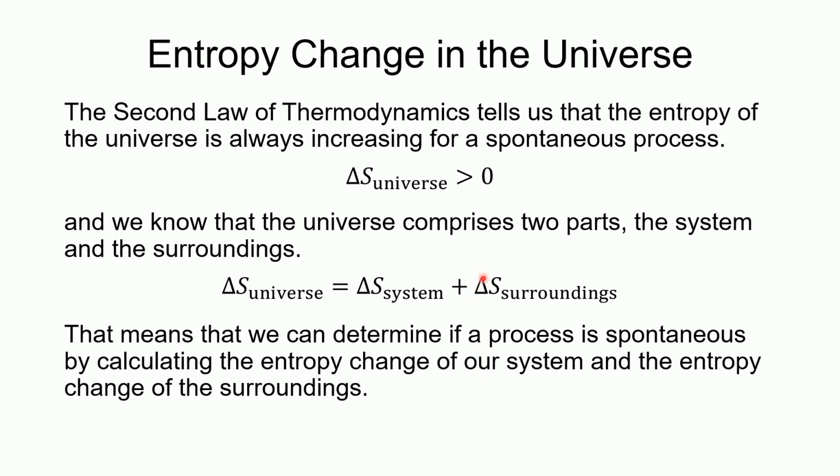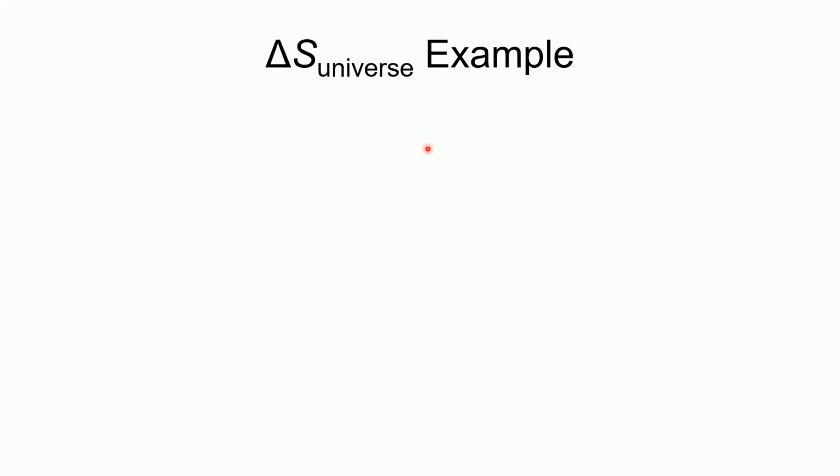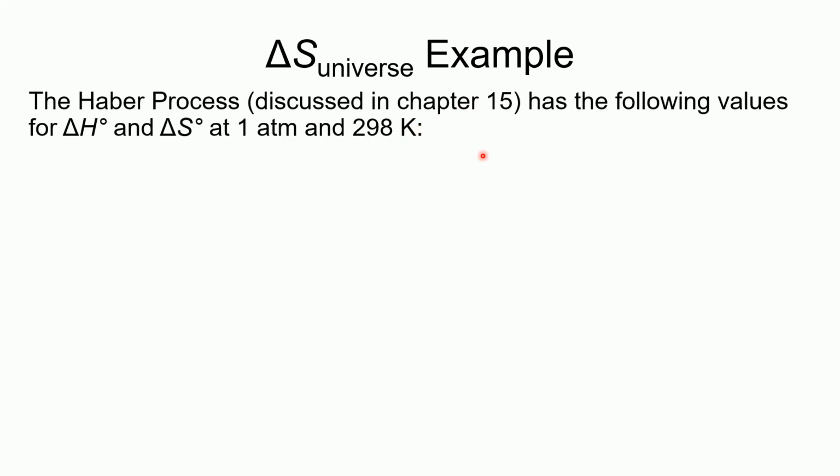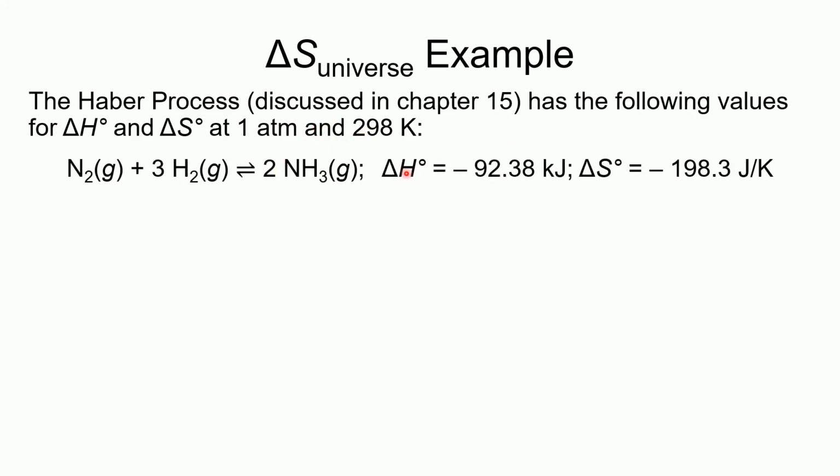So let's look at delta S of the universe for the Haber process. Previously, I showed you the Haber process, and here is the Haber process. Delta H and delta S have these values.